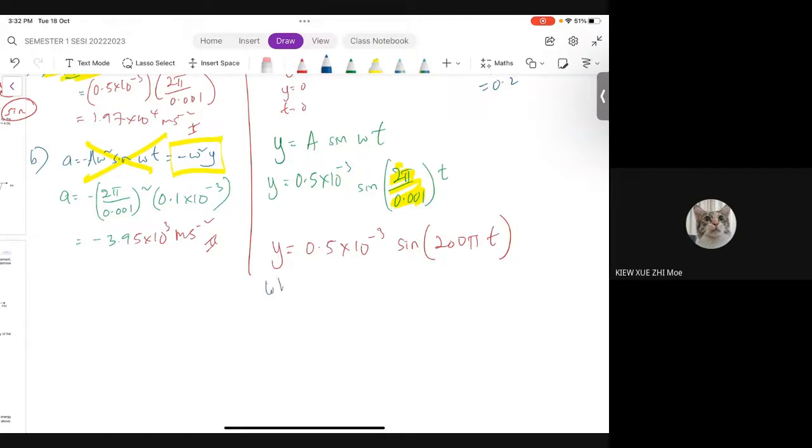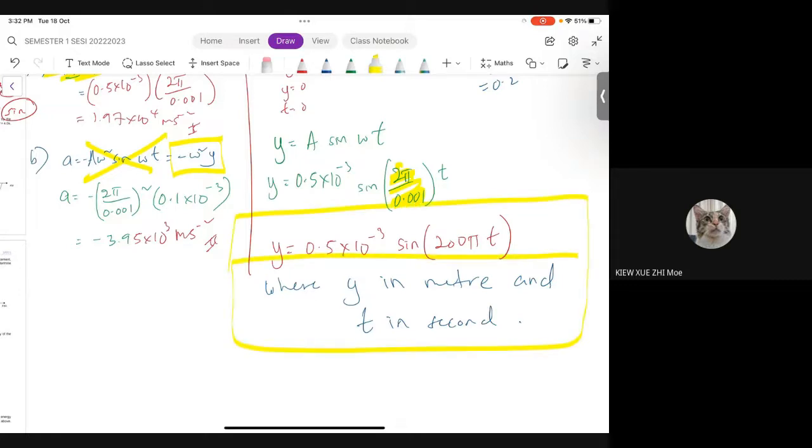So kena tulis where y in meter and t in second. So please make sure ingat, in physics mesti ada unit. Final answer kena ada unit.